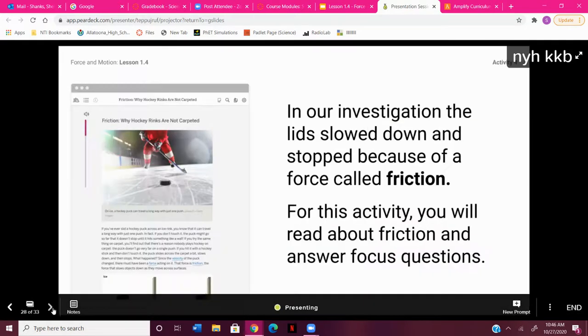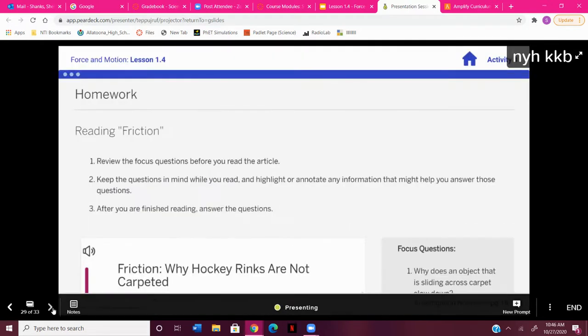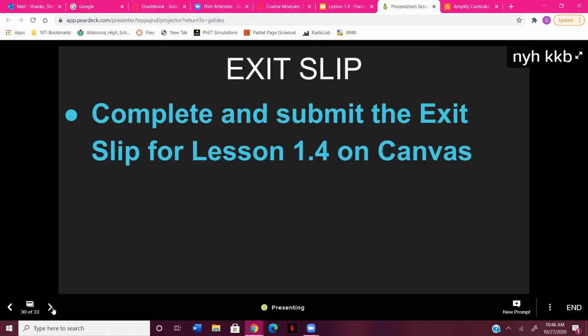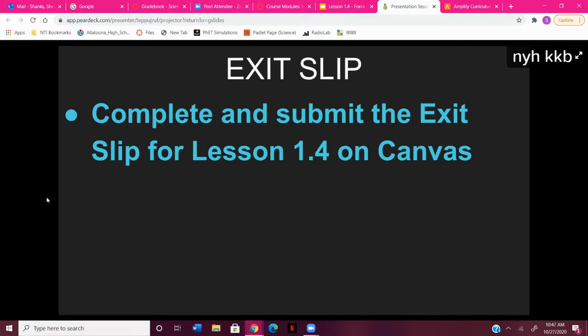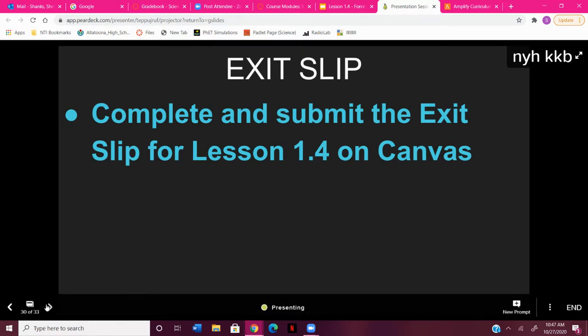Okay, so before we go back to our homework, which is the reading, there's one other thing that you need to do before class on Thursday, and so that is to complete and submit the exit slip for 1.4 on Canvas. All right, so you've got your homework on Amplify, and you've got your exit slip 1.4 on Canvas.